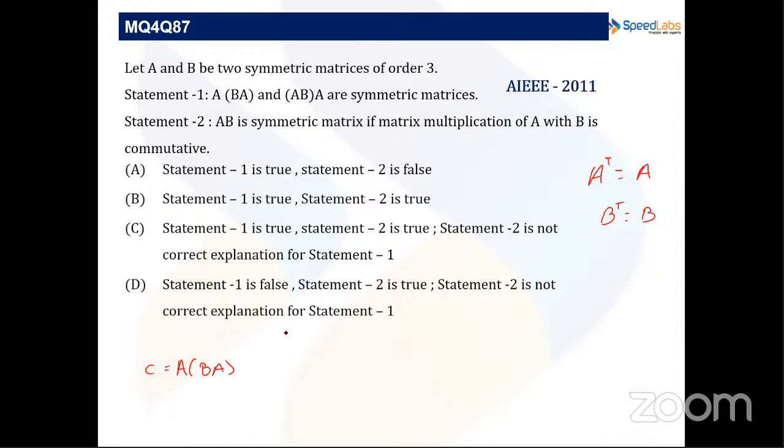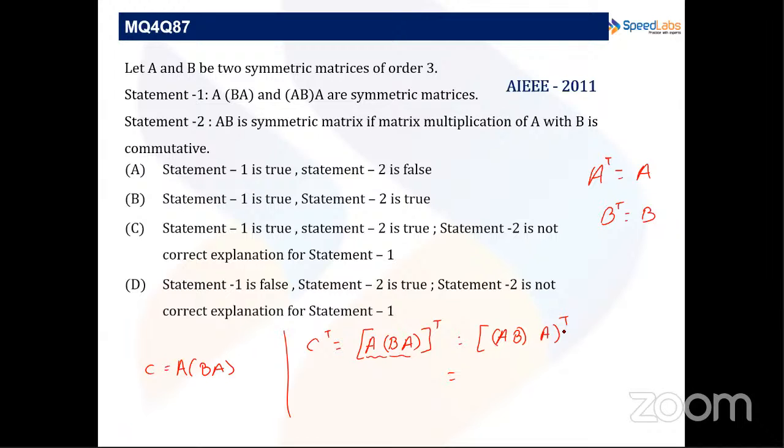Let's say this is some matrix C. So C transpose will be ABA whole transpose. Now, multiplication of ABA is associative, that is AB into A whole transpose.